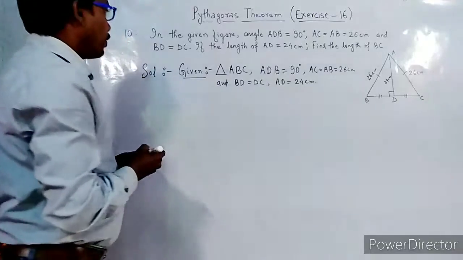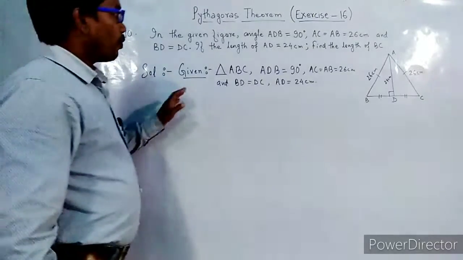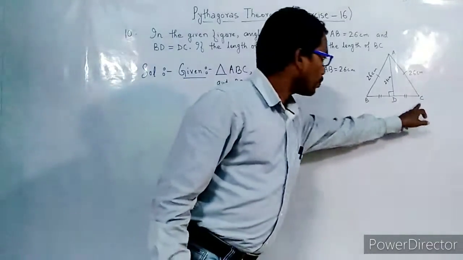So this is given. Now we have to find the length of BC.